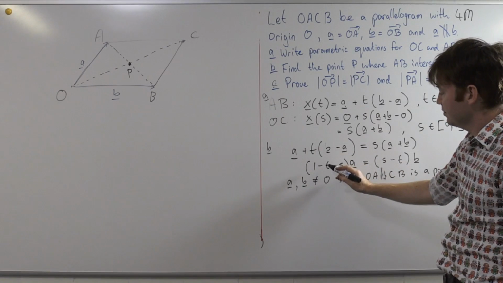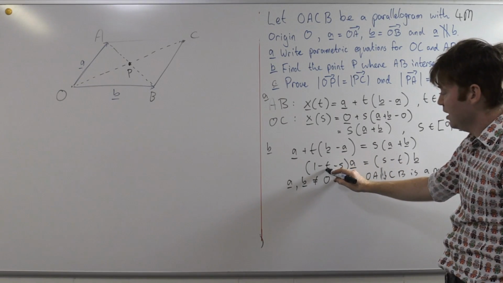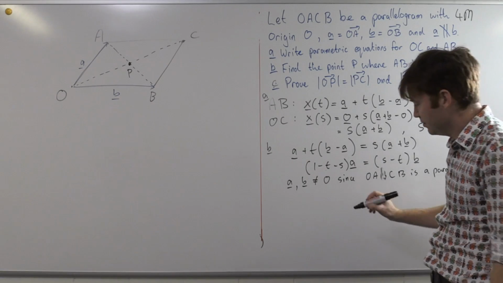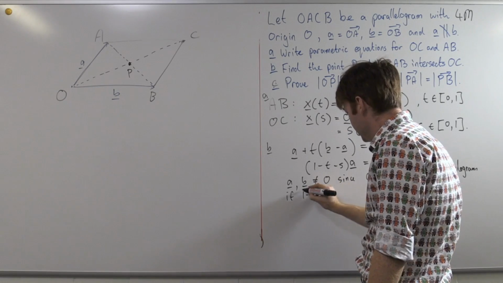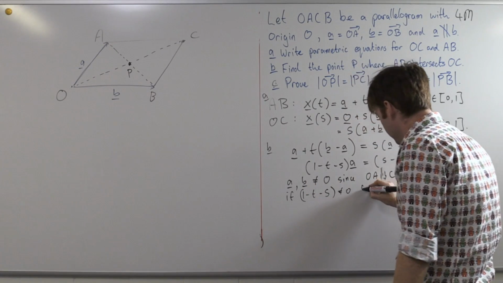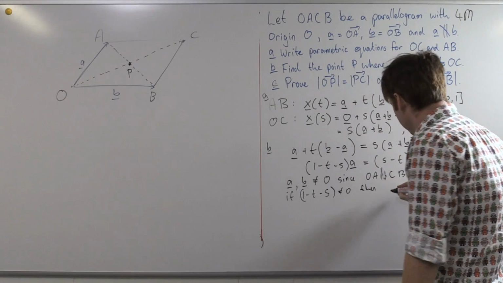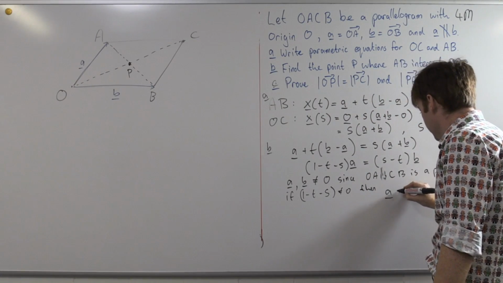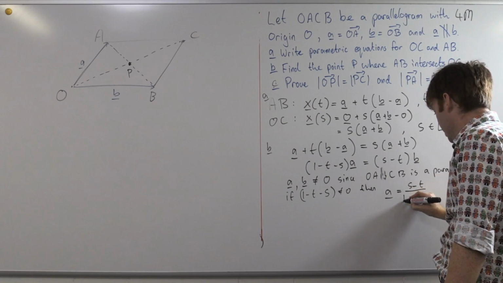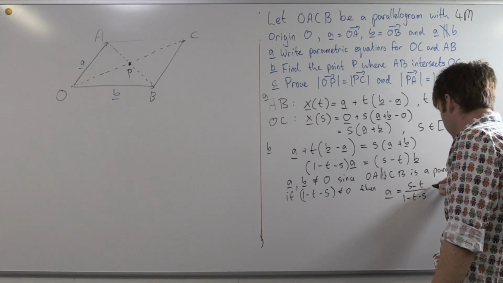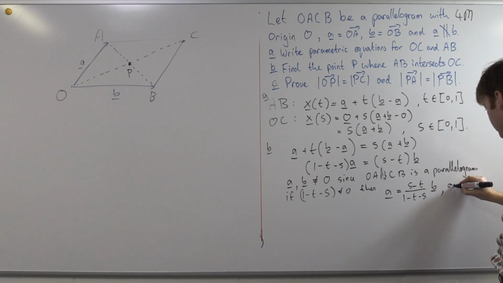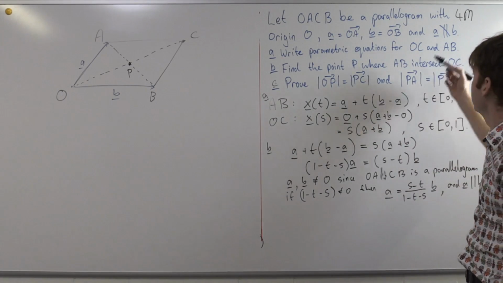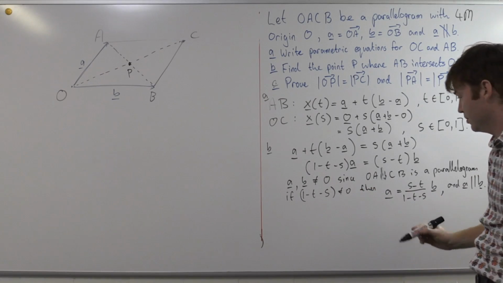Well, what happens if this is not 0? If 1 minus T minus S is not equal to 0, then A is equal to S minus T over 1 minus T minus S times B, which means A is parallel to B. And A can't be parallel to B by assumption, so this thing must be 0.